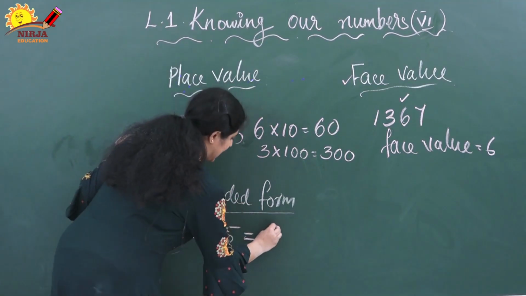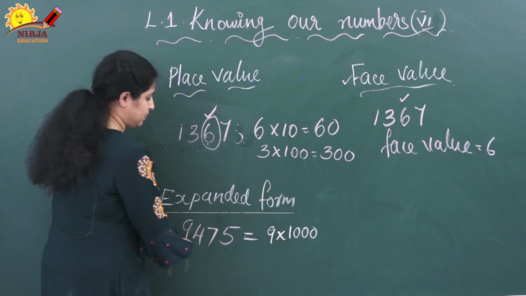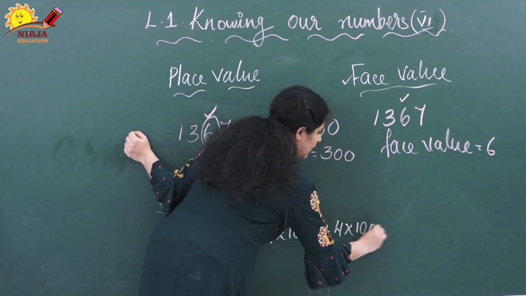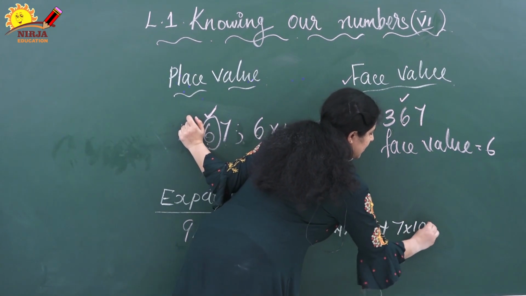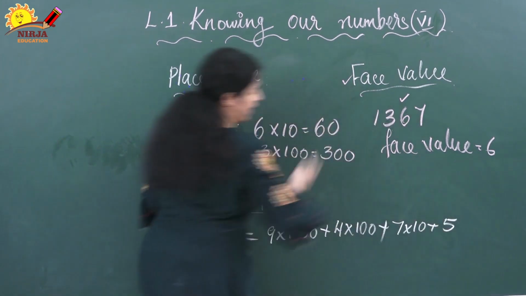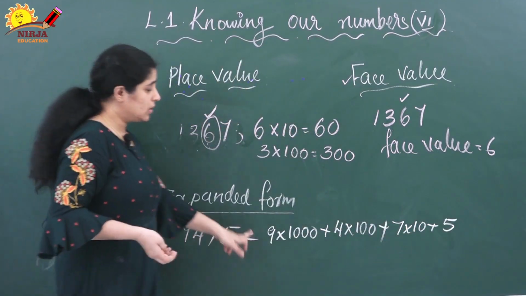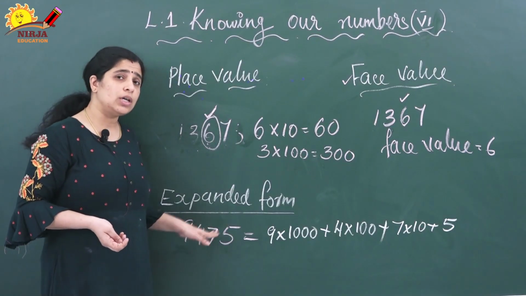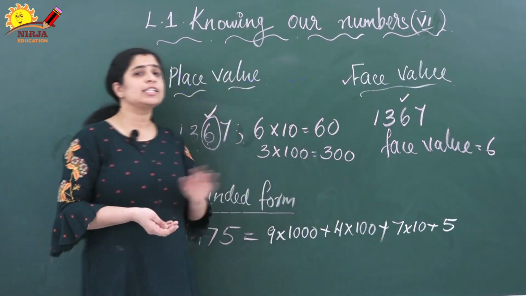So we will write it as 9 multiplied by 1000 plus 4 multiplied by 100 plus 7 multiplied by 10 plus 5. This is the expanded form of this number, 9475. Like this way you can write the expanded form of a number.